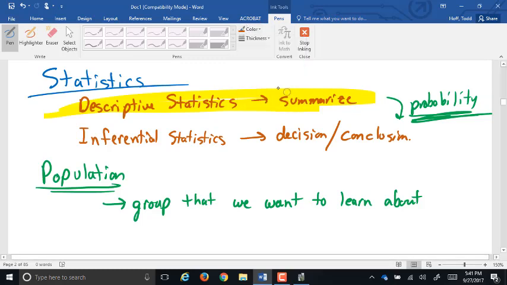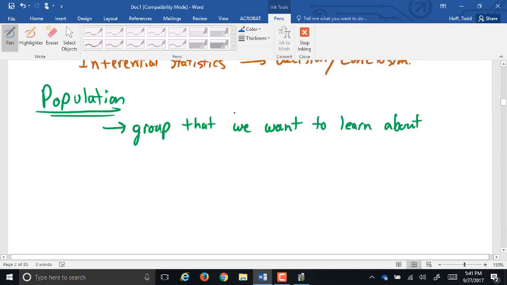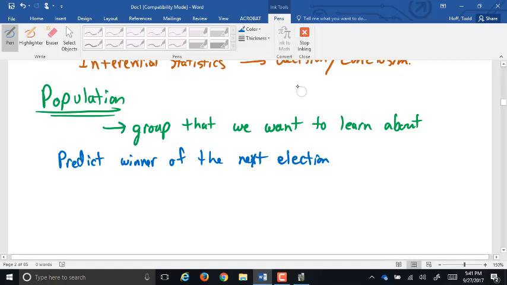For example, just had a presidential election not quite a year ago. If I want to predict the winner of the next election, what is my population there?